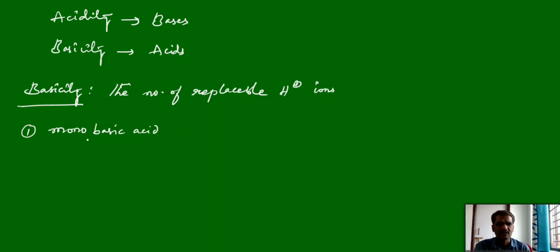Sometimes we can use another word also here, monoprotic acid. Monobasic acid, or we can say monoprotic acid. Means the number of protons replaceable.